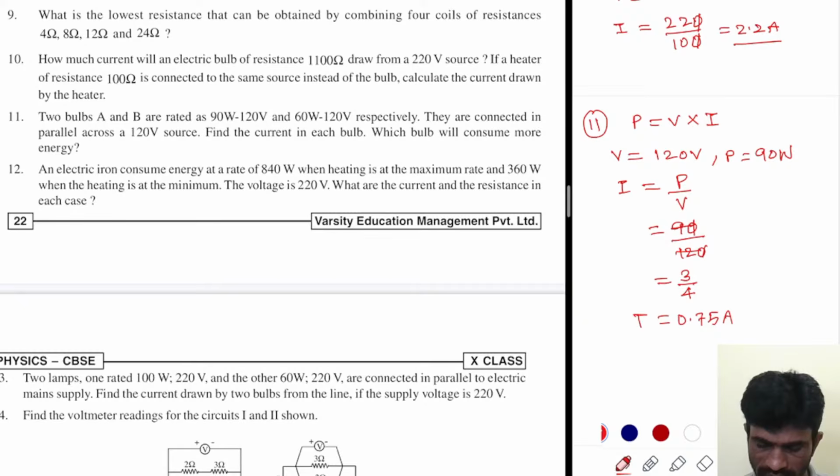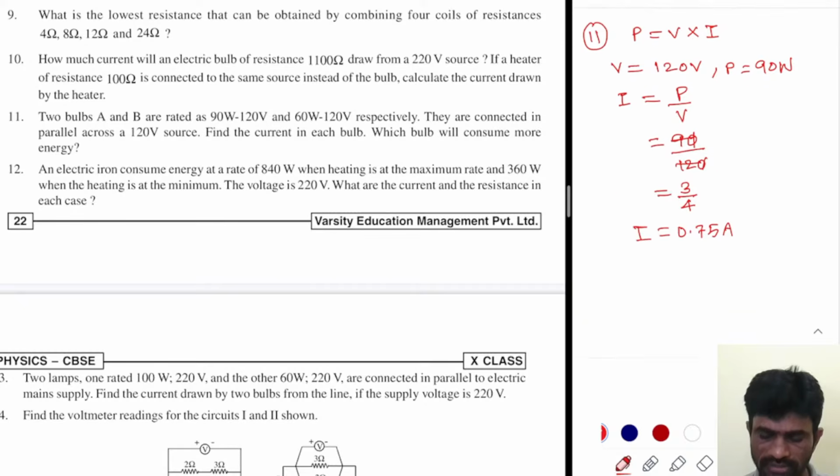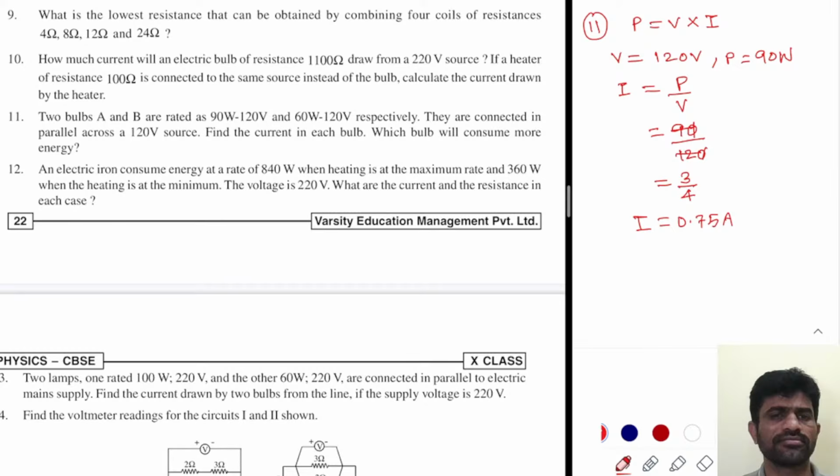This is the current in the first case. Power is V into I, then I is equal to P by V, 0.75 amperes in the first case.